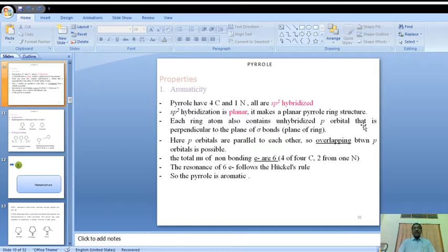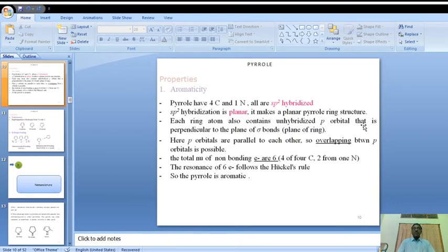Each ring atom also contains an unhybridized p orbital. Please observe, all the carbon atoms contain an unhybridized p orbital, and those carbon atoms contain a single electron, as we just observed.